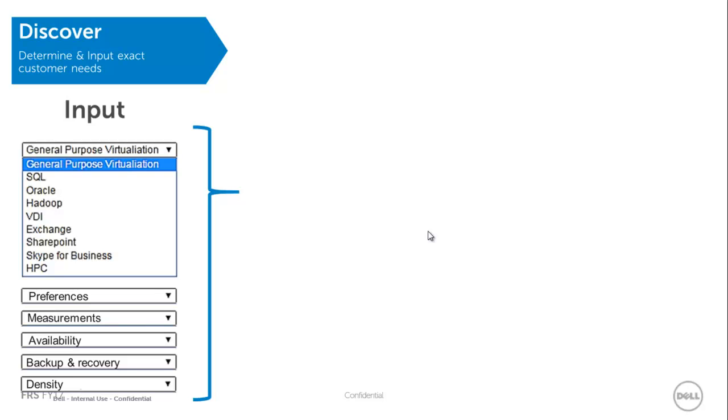That's a lot of pain, a lot of cycles, and really slows down the overall process for us to sell complex solutions. System Builder tries to ease the pain out of that process.